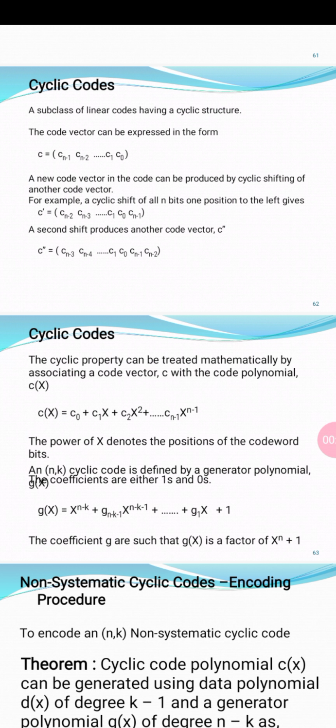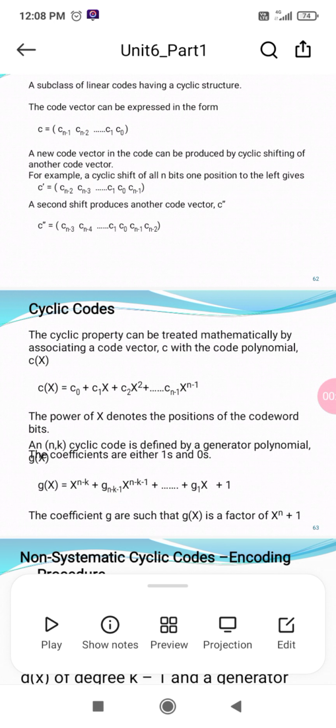A cyclic code is a subclass of linear code having a cyclic structure. The code vector can be expressed in the form C = (Cn-1, Cn-2, ..., C1, C0). A new code vector in the code can be produced by cyclic shifting of another code vector.